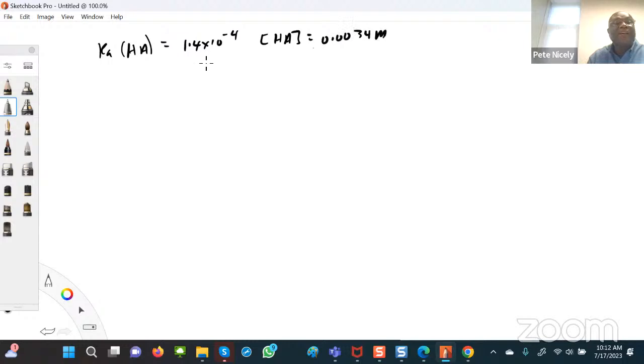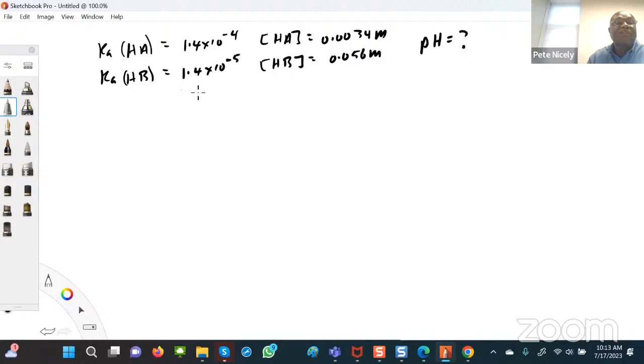For the other acid, which is propanoic acid, I'm going to call it HB. The Ka for that is equal to 1.4 times 10 to the minus 5, and the concentration of HB, according to the question, is equal to 0.056. And what the question is asking for is the pH.